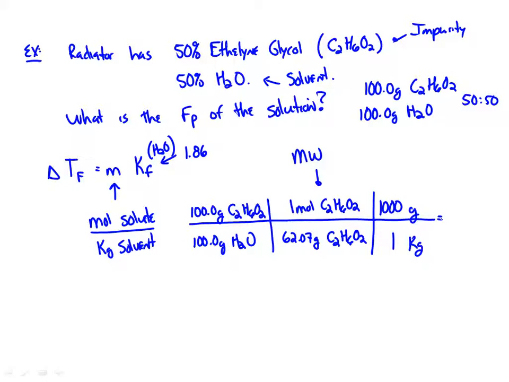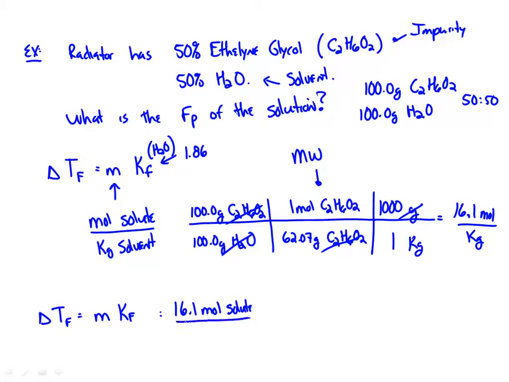And so if I plug that into my calculator, I better get 16.1. And notice that the units I'm left with, grams cancel, grams cancel, I'm left with moles over kilograms. I don't have room to write solute and solvent. So if I do delta TF equals mKF, well, m is 16.1 moles of solute all over kilograms of solvent.